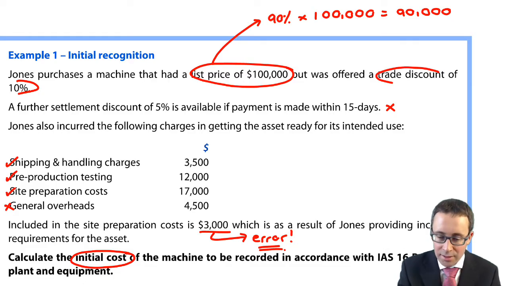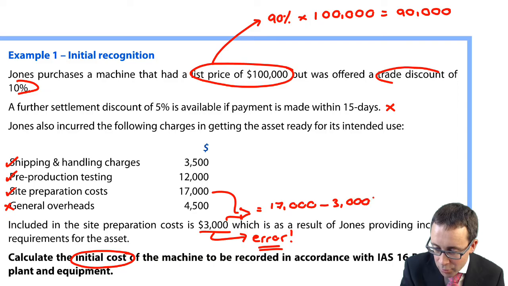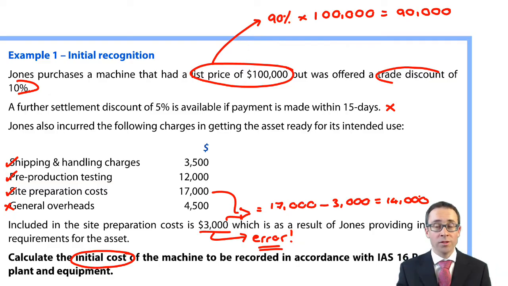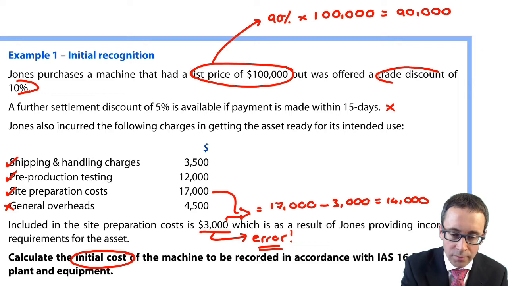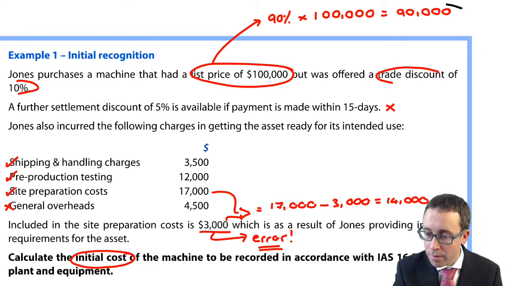If that's the case, when it comes to capitalizing, we thought we were going to capitalize the 17, but what we actually do is only capitalize the 14. The error gets expensed through profit or loss. Everybody happy with those? Hope so.